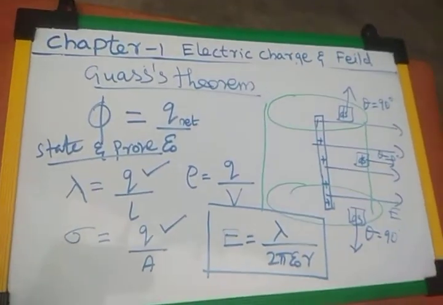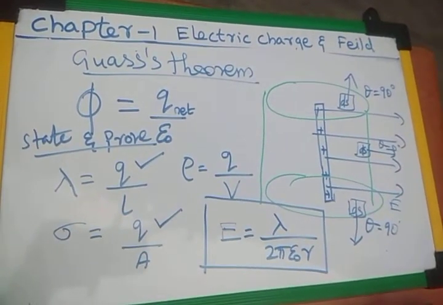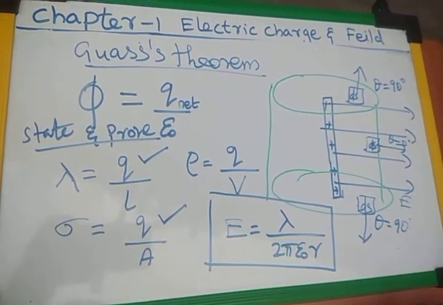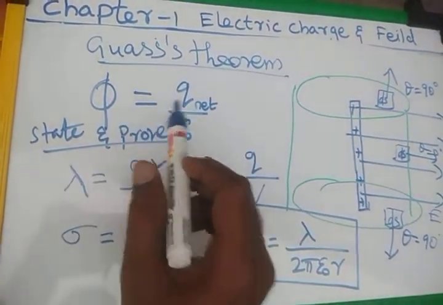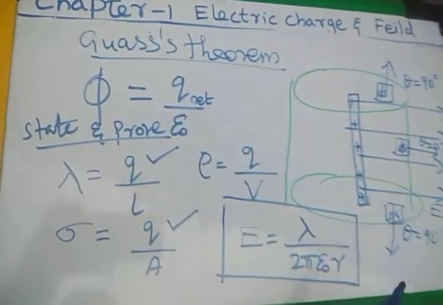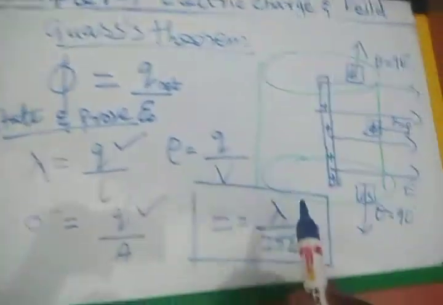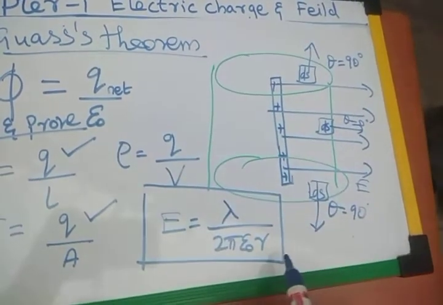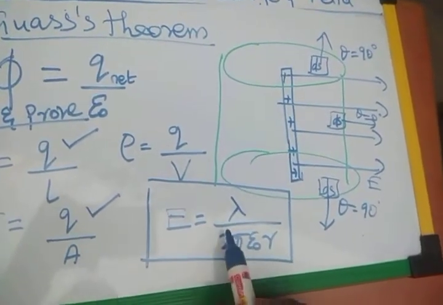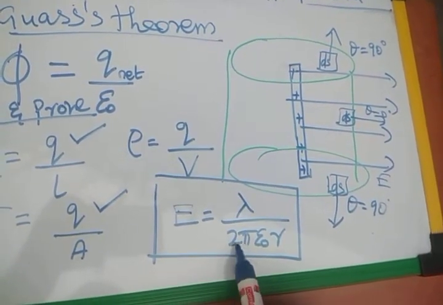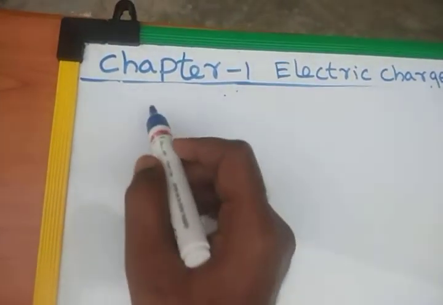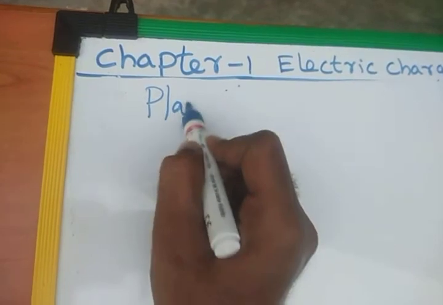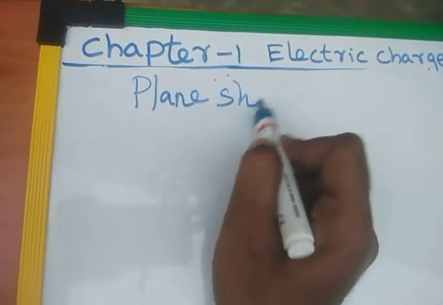Very simple, students: Gauss theorem means we assume an imaginary closed Gaussian surface, and electric flux is equal to 1 by epsilon naught times the total net charge. By using this theorem, we arrive at lambda by 2 pi epsilon naught r.